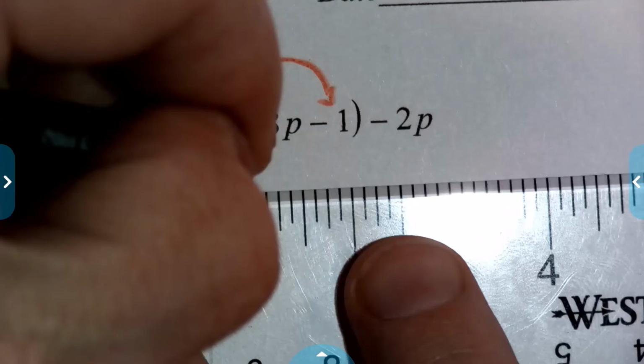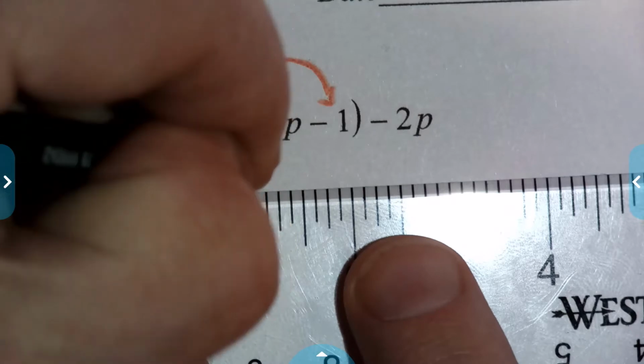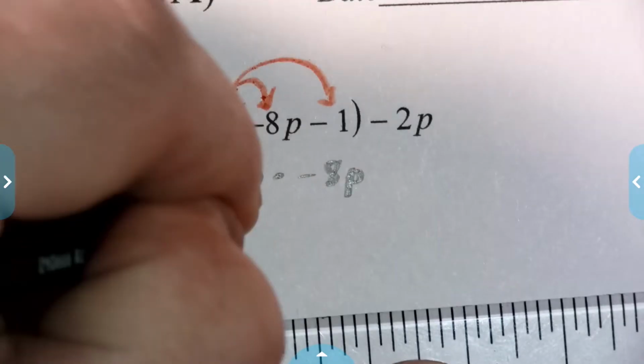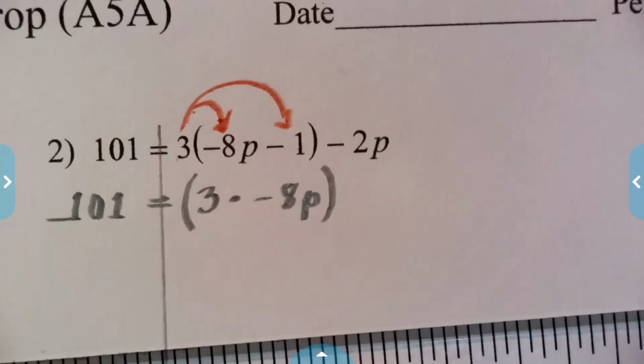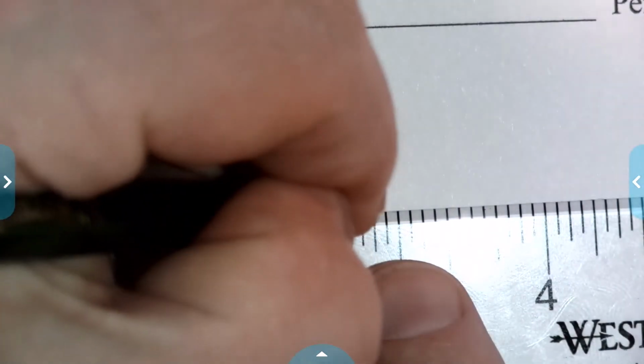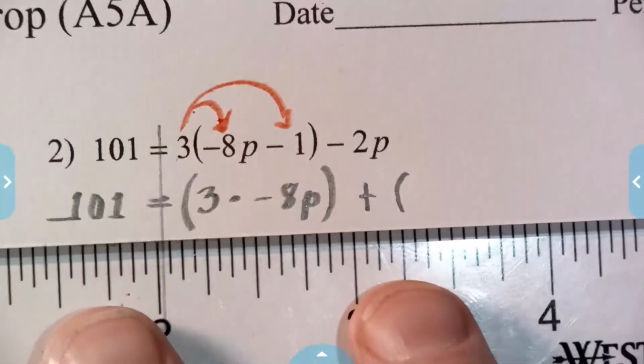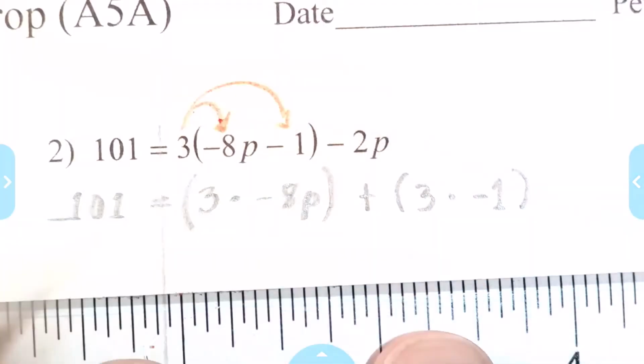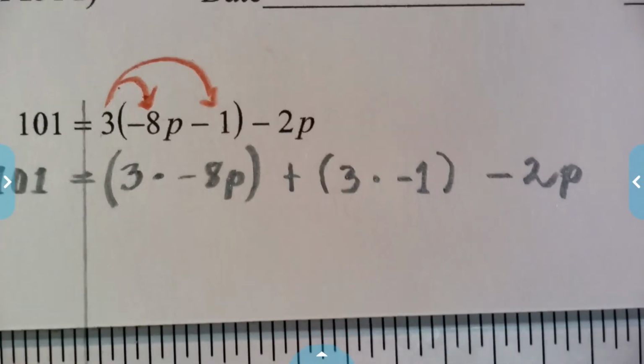So I've got 3 times -8p plus 3 times -1, minus 2p at the end. Okay, that just comes along for the ride.